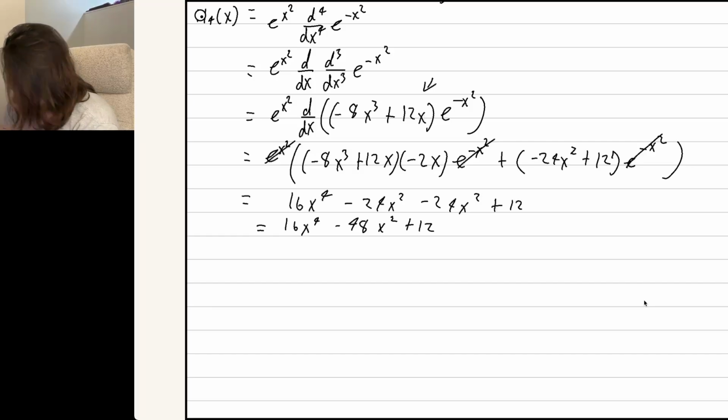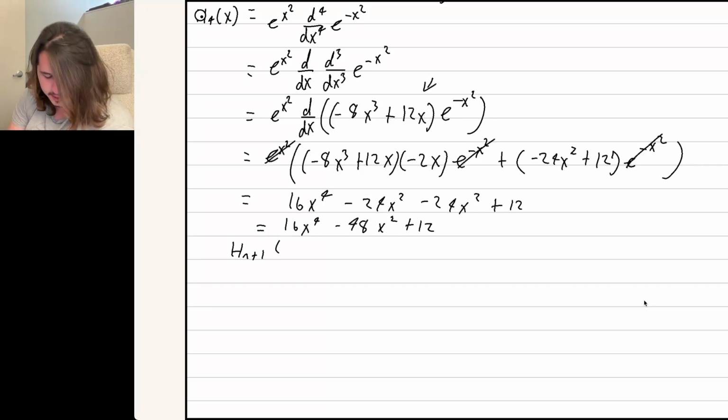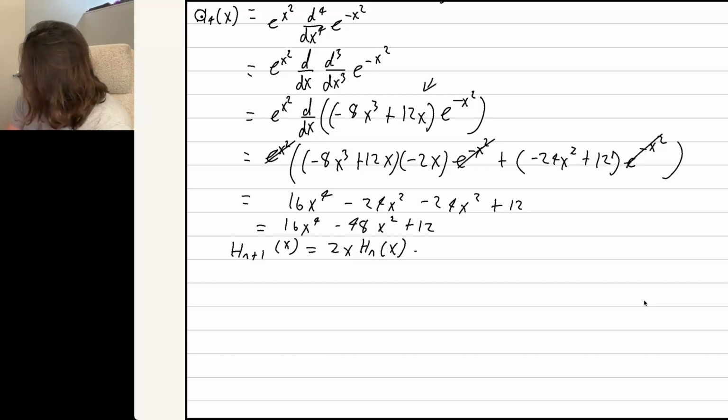All right, then the next bit of the problem is to find out what H5 and H6 are using the recursion formula, which is given by H n plus 1 of x is equal to 2x H n of x minus 2n H n minus 1 of x. So starting with H5, n is going to have to be equal to 4.